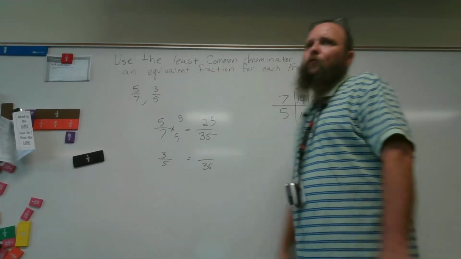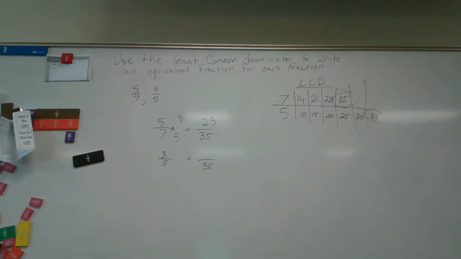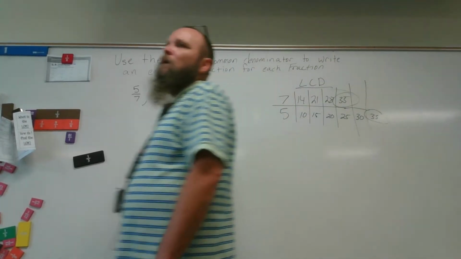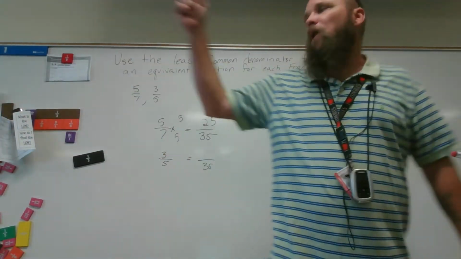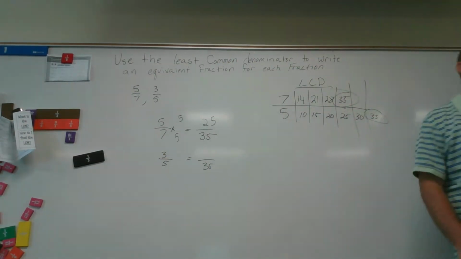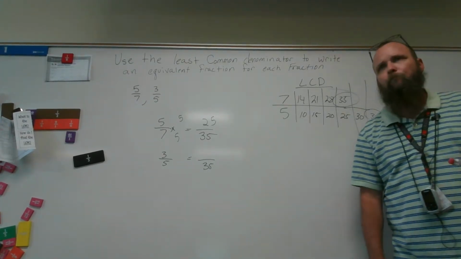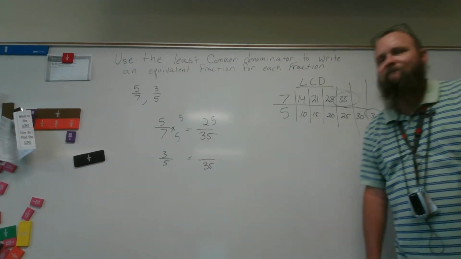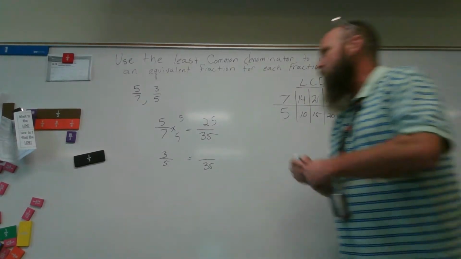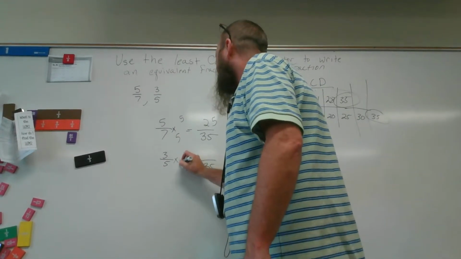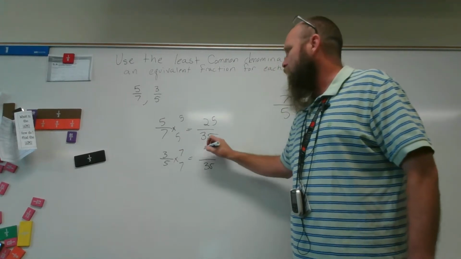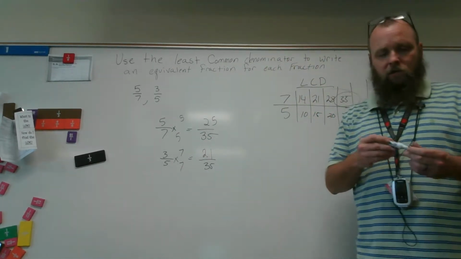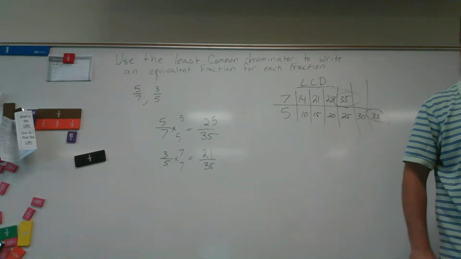What are we going to multiply 3/5 by to give me a denominator of 35? 7. Excellent. Because 5 times 7 equals 35. 3 times 7 equals 21.